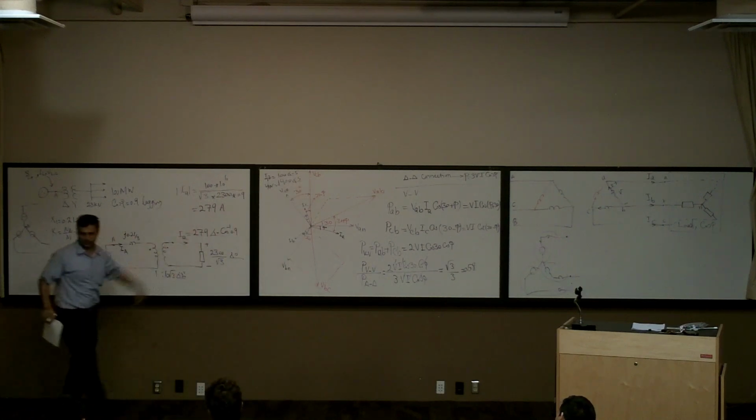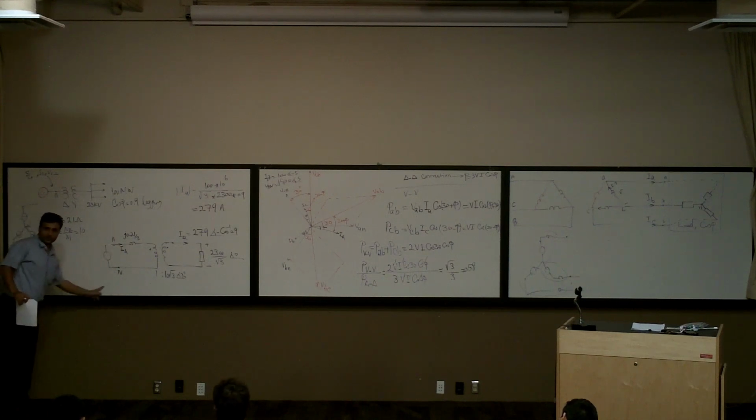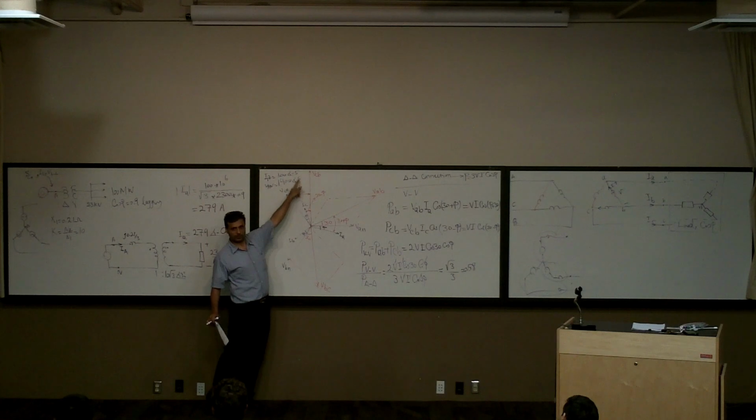Let's say we calculate these numbers we have here. How much is the complex power here? I can calculate P and I can calculate Q, right? For the generator. How much is the power factor for this generator? Cosine of this one minus this one, right? So basically in this case it's going to be cosine 10, right?